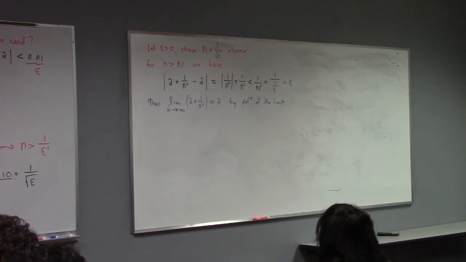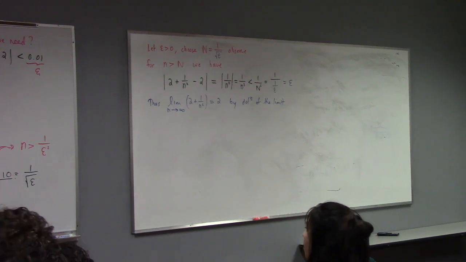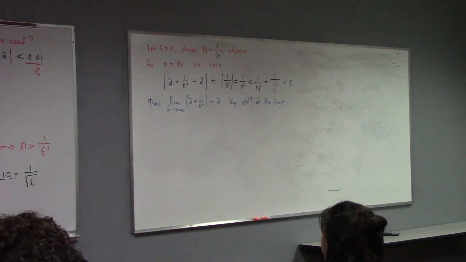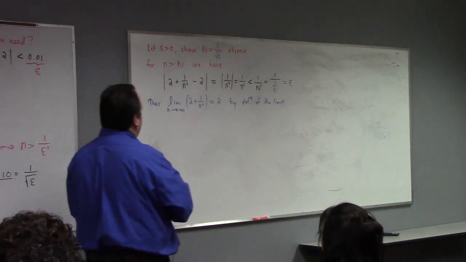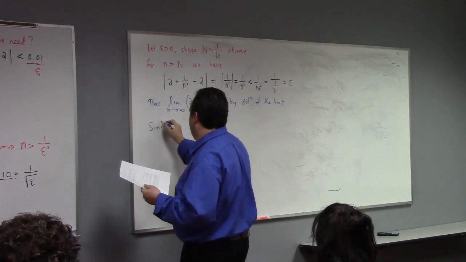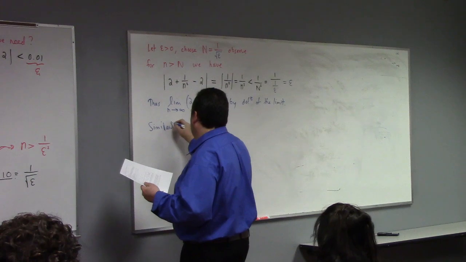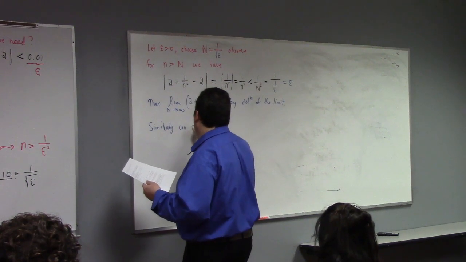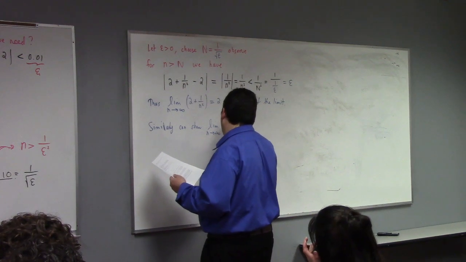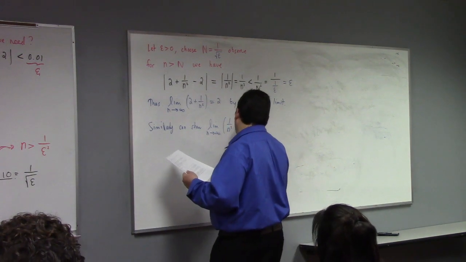In the notes, I worked something simpler. If you look at my example 1.9, you'll see I just did it for 1 over n squared. Pretty much the same argument works, so similarly, we can show the limit as n goes to infinity of 1 over n squared is equal to 0.